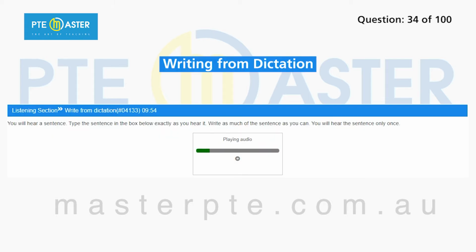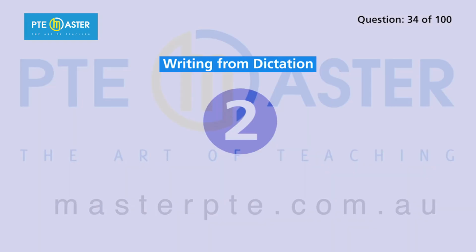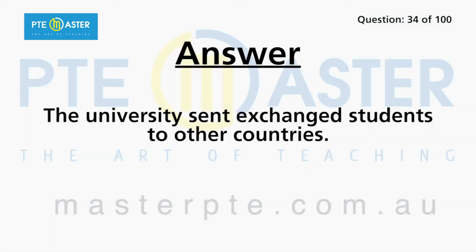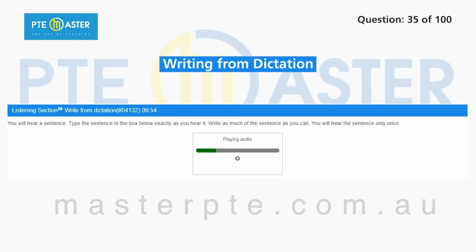The university sent exchange students to other countries. Sugar is a solid carbohydrate which is always used in sweet food.